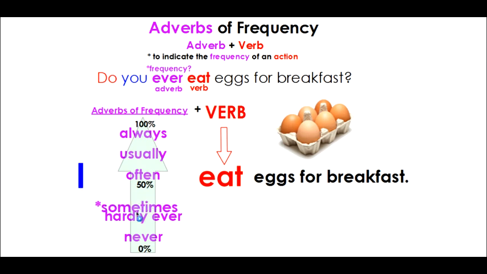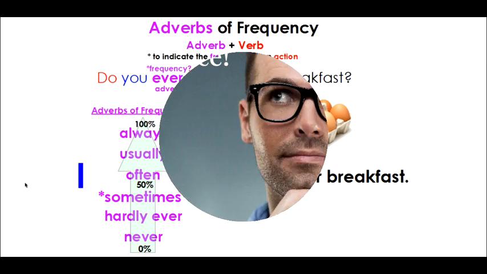Also, we can use sometimes at the end of the sentence. For example, I eat eggs for breakfast sometimes. So, sometimes is a very flexible adverb of frequency. The other adverbs of frequency are always before the verb and after the subject. All right, very good.